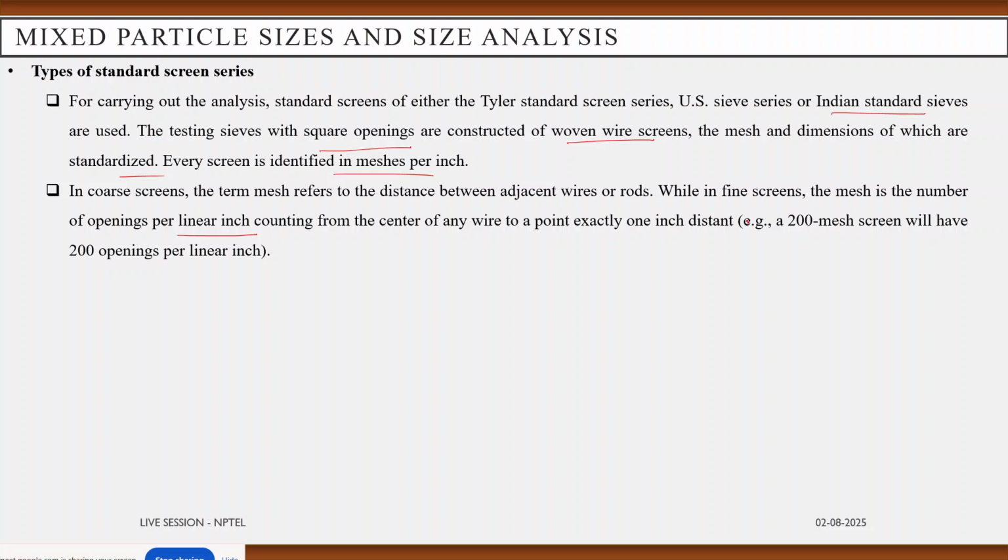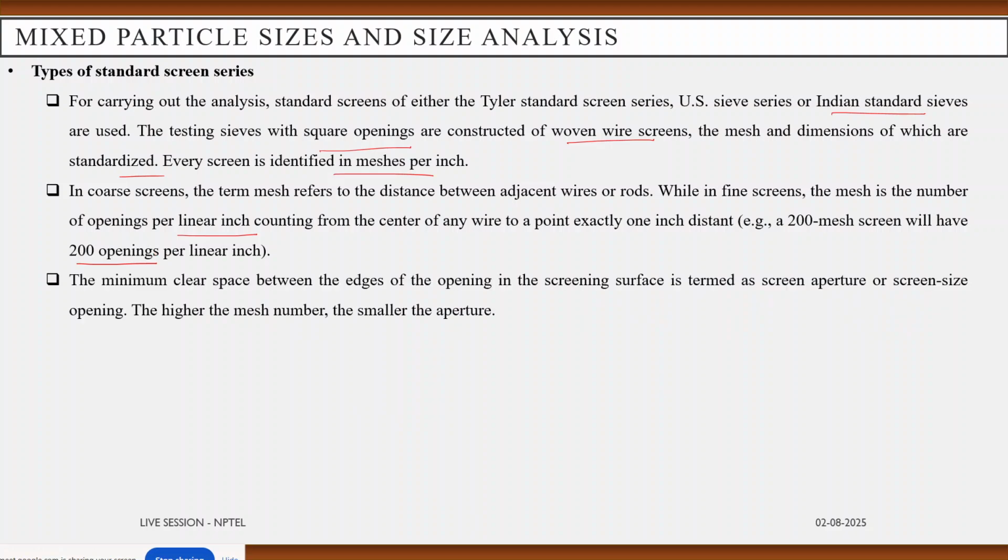Suppose a 200 mesh screen will have 200 openings per linear inch. The minimum clear space between the edges of the opening in the screening surface is termed the screen aperture, also known as the screen size opening. The thing you need to remember and never get confused about is that the higher the mesh number, the smaller the aperture.